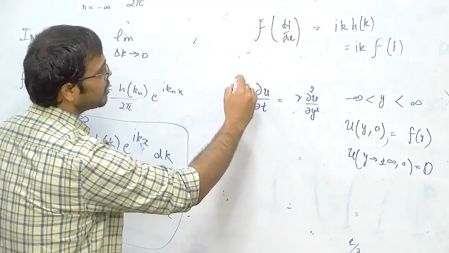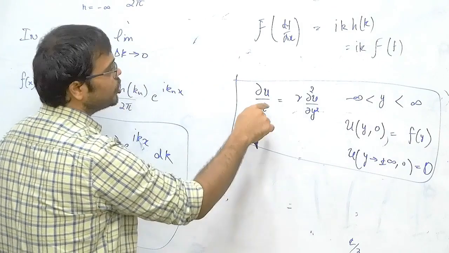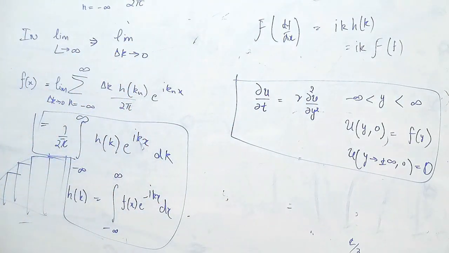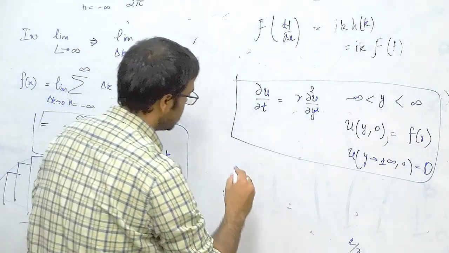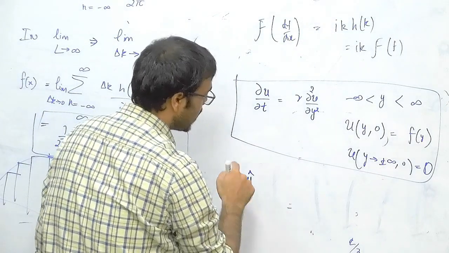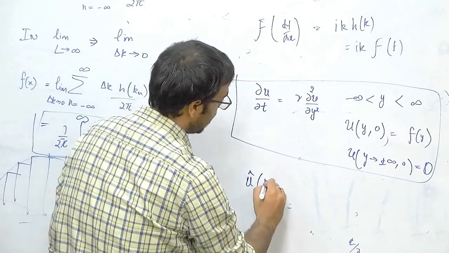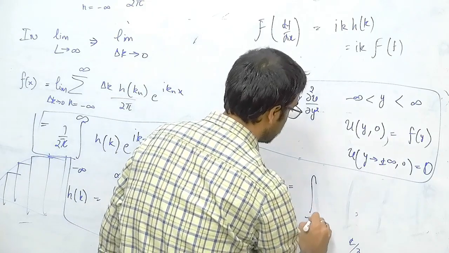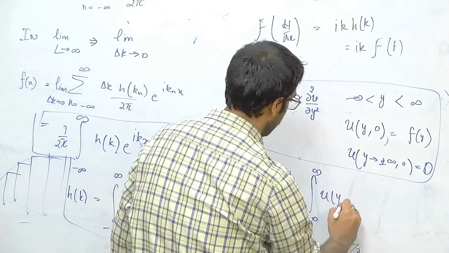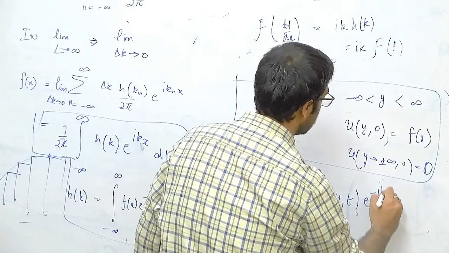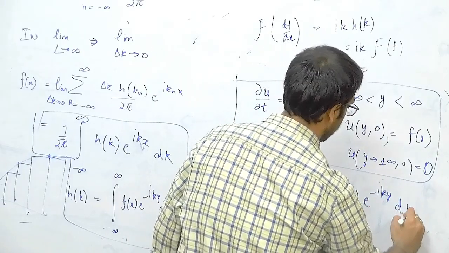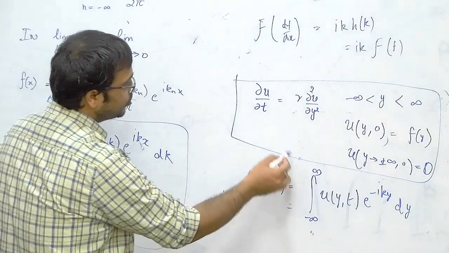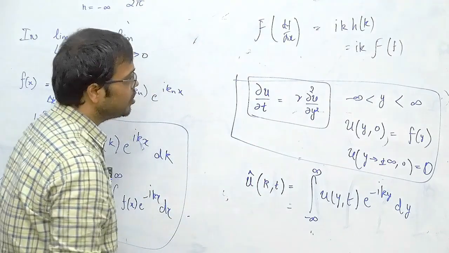So, the moment you have something like this, your u is defined over the whole y domain, then you can immediately resort to using Fourier transforms. Let us say I define the Fourier transform of u as u hat, equal to the integral from minus infinity to infinity of u of y comma t e to the power minus i k y dy. And instead of writing an equation in u, I try to write an equation in u hat.